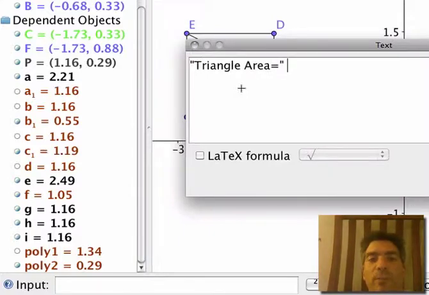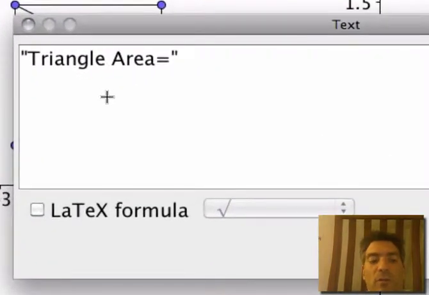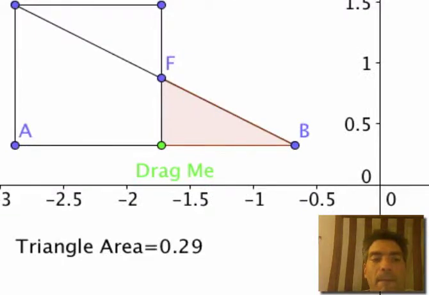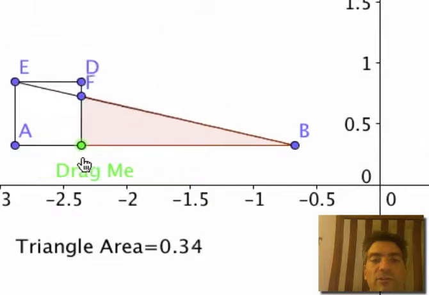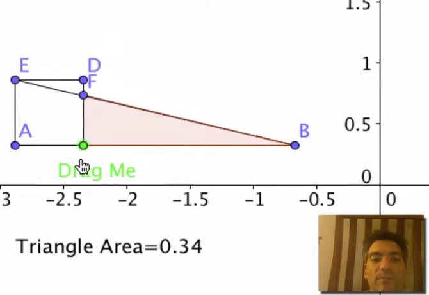And you separate text from numerical values using this plus symbol. So we want to print out Poly 2. What that does is, this is dynamic text. As we drag this point, that triangle area changes. That's exactly what we want.